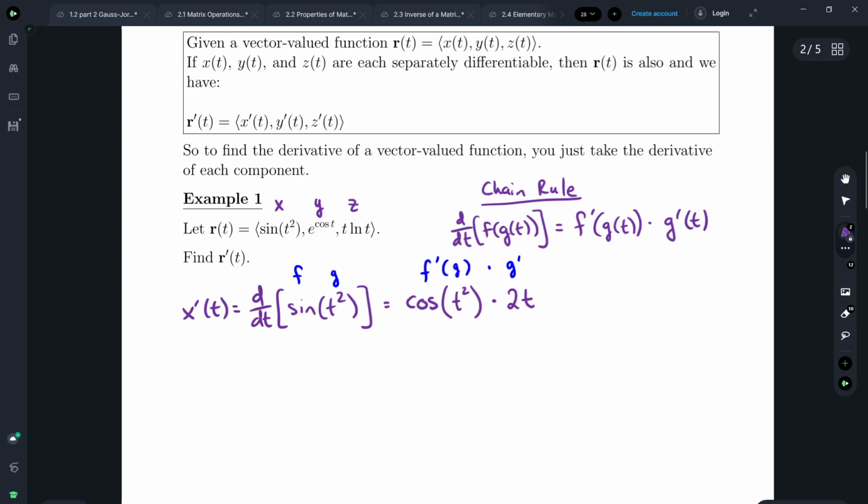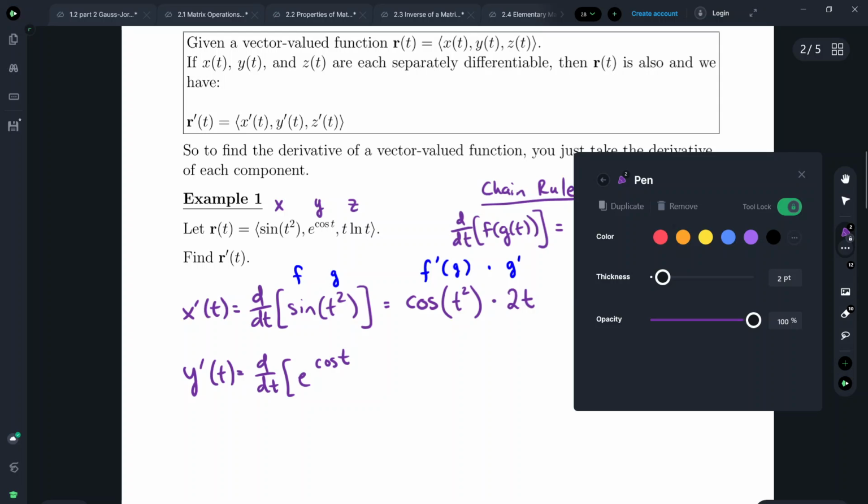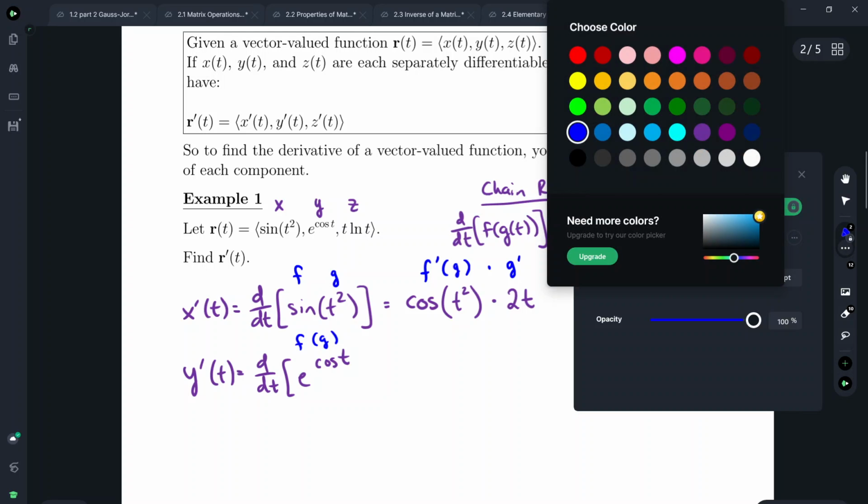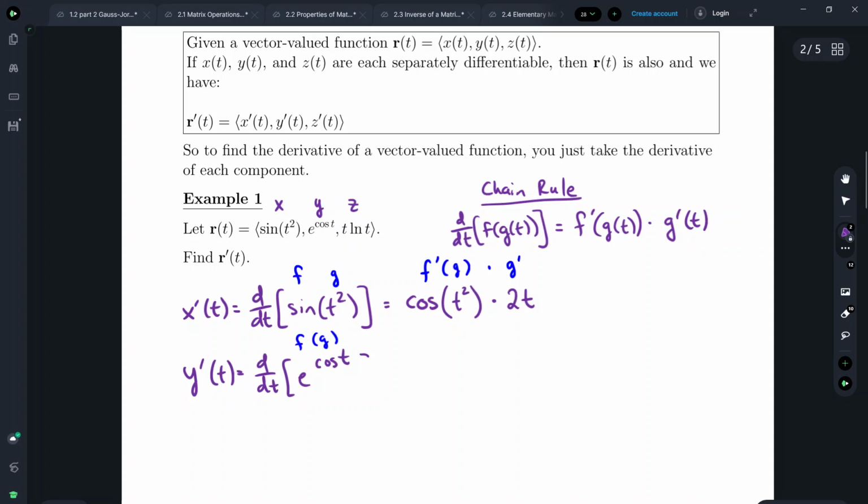And now we repeat the same thing for y prime. I need to differentiate e to the cosine t. This is a composition of functions again, so the e is the f, and the cosine t is the g. Again, we apply the chain rule formula.